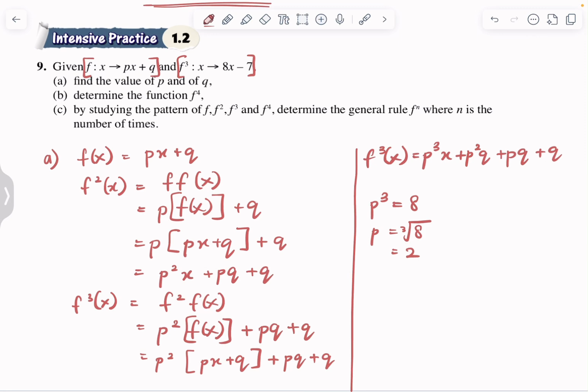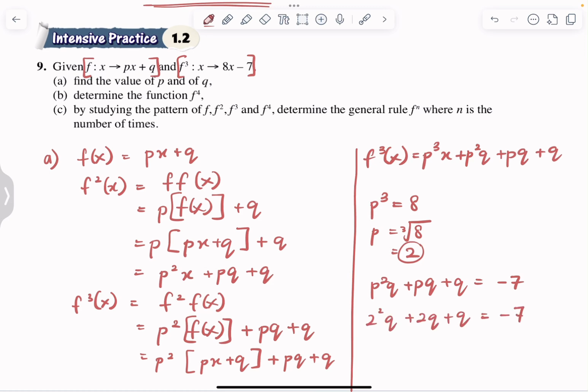Okay, and then this one all got no x. These are all constants. These are all numbers. So this one we compare it with this number here. So p square q plus pq plus q will give us negative 7. Since we already found the value of p, you just have to sub inside. 2 square q plus 2q plus q is negative 7.